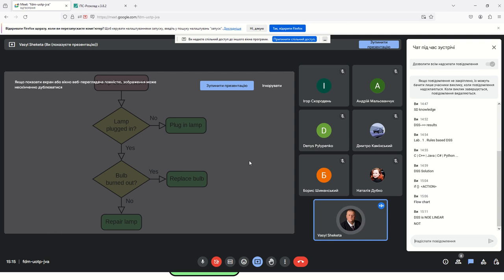So the next important thing in DSS is DSS arrows. DSS arrows show us some way of decision making. They namely say what decision we are going to make.